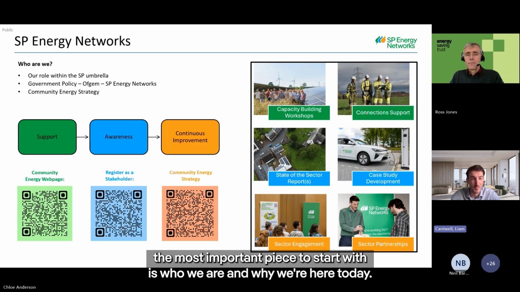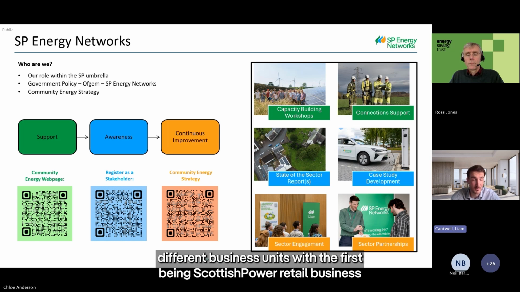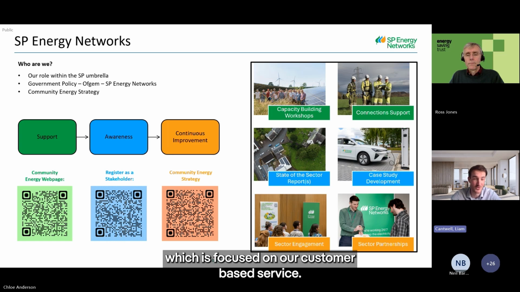So I suppose the most important piece to start with is who we are and why we're here today. First off, starting with our role within the Scottish Power umbrella. Scottish Power itself is broken into 3 distinct different business units, with the first being Scottish Power Retail Business, which is focused on our customer-based service. Next, you have SP Renewables, which looks after onshore and offshore renewable energy assets.